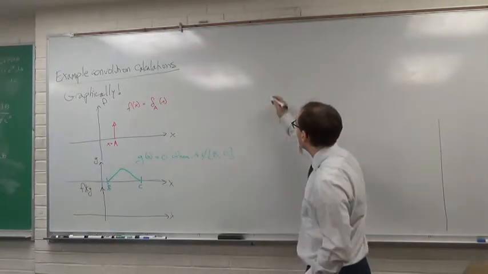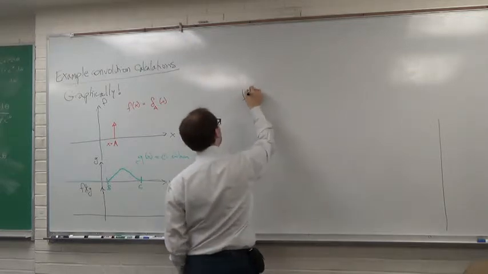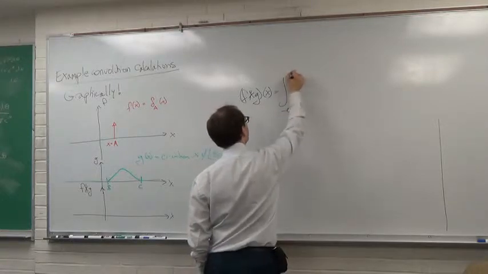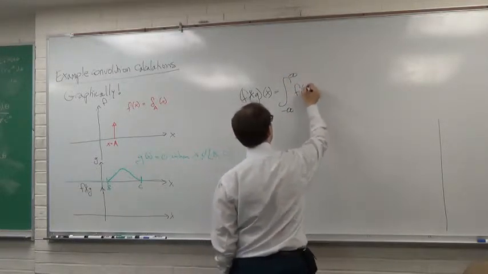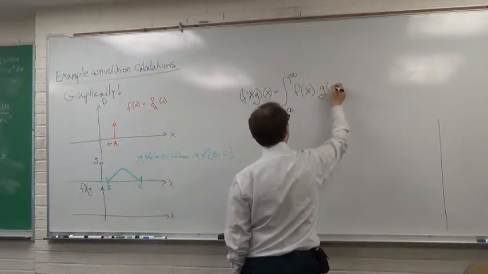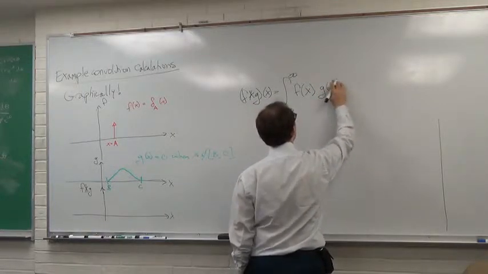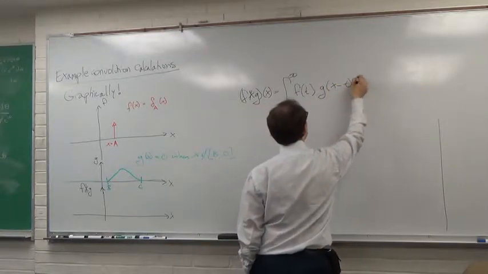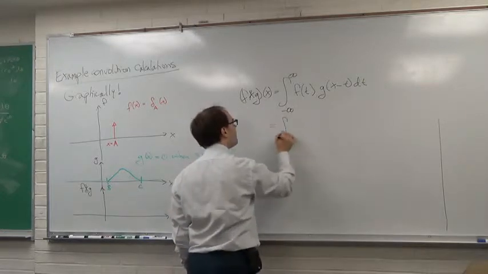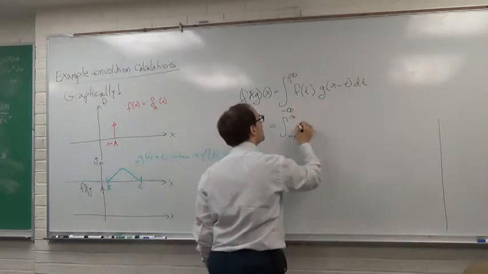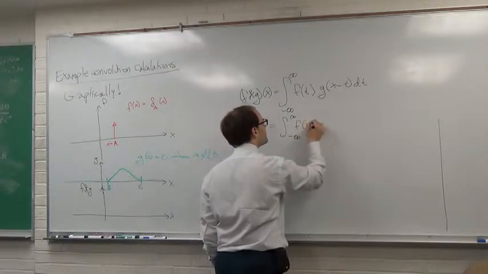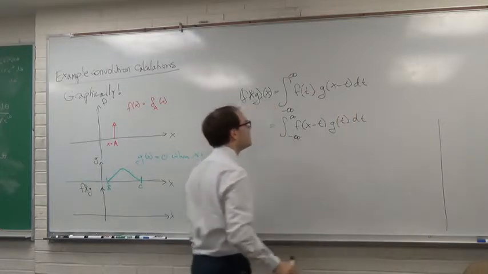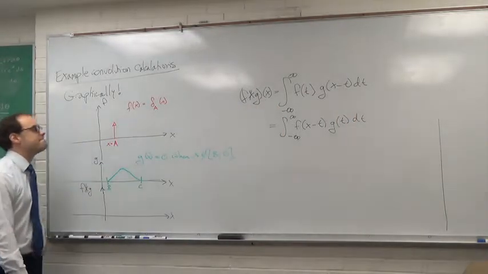From the standpoint of the definition of convolution, f star g evaluated at x is the integral of f of t, g of x minus t, dt, or by observation of symmetry, it could be f of x minus t, g of t, dt. Either one of these will give you the same answer.